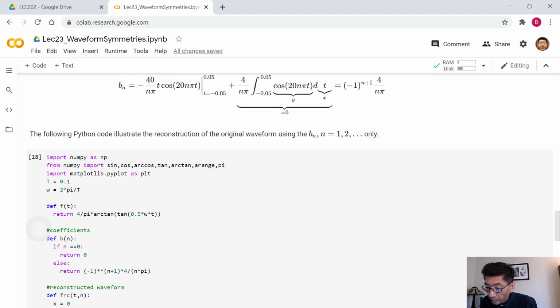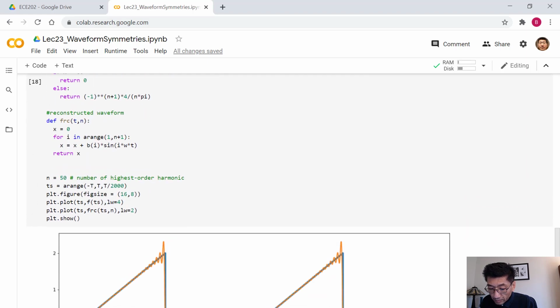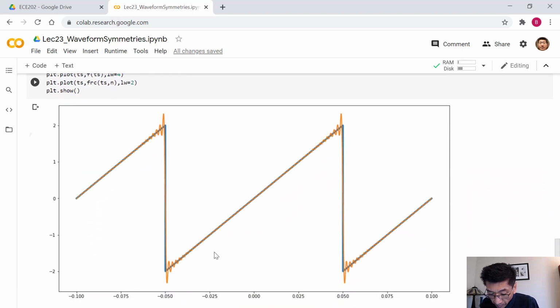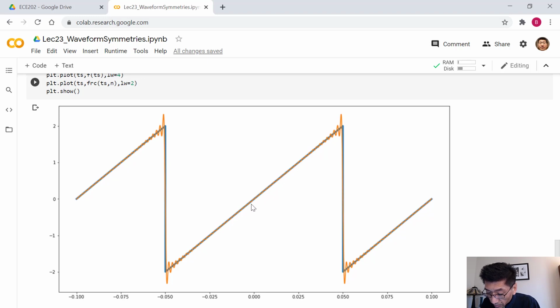So we use the result here, and with this original function again, here I'm defining the original function, the sawtooth that's passing through the origin, and this is the blue curve we have here, the blue curve passing through the origin, right? And has magnitude from -2 to +2, and over a fundamental period of 0.1, goes from -0.05 to 0.05.